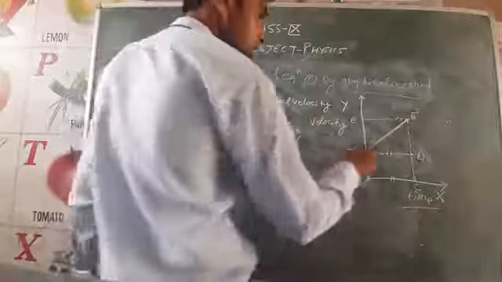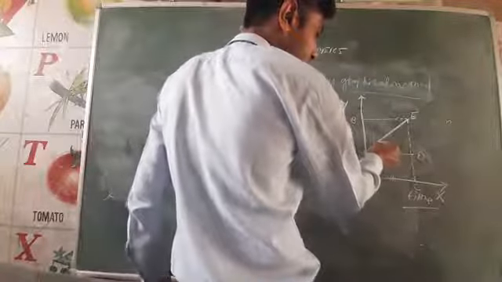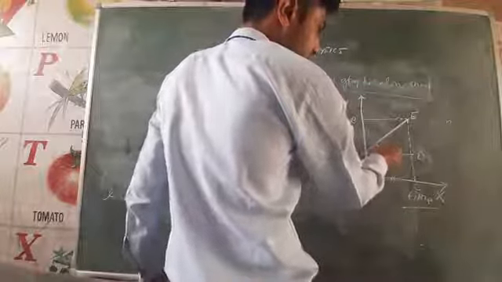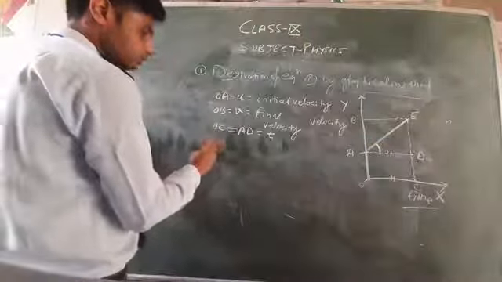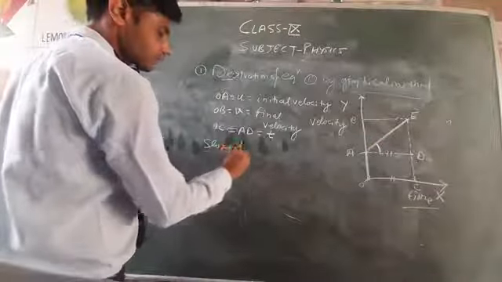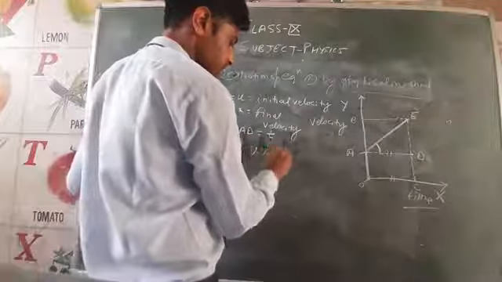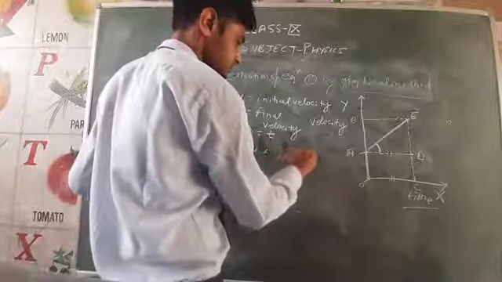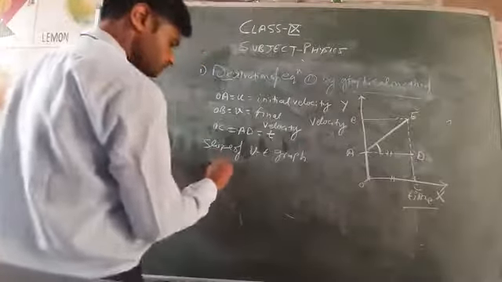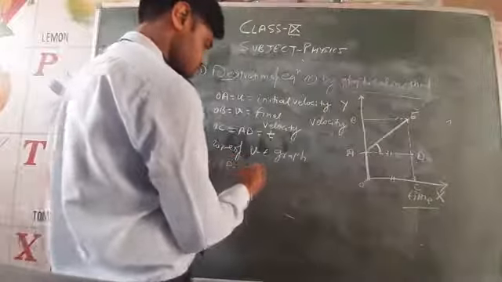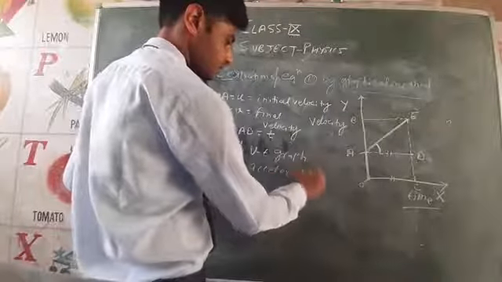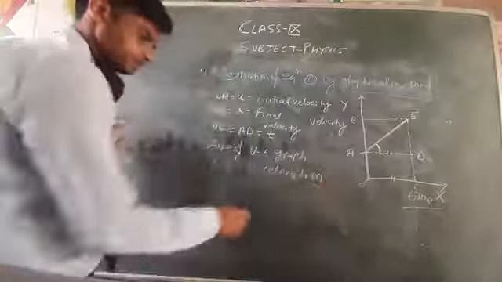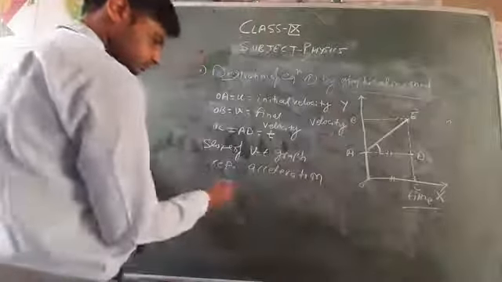This is the slope of this VT graph. As you know, the slope of a VT graph represents acceleration.